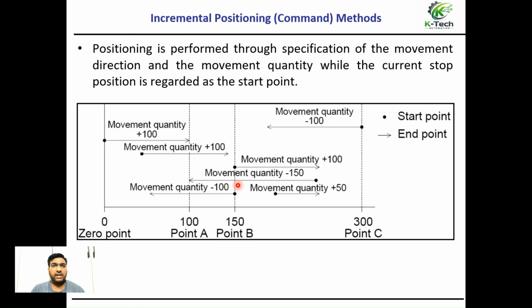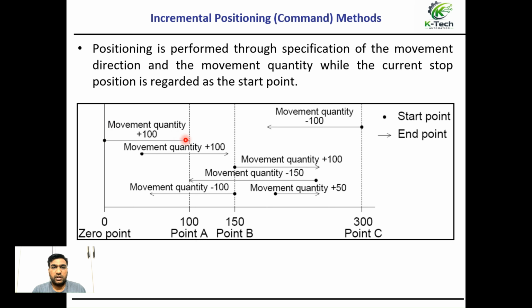Now the incremental position method. The incremental position method is different. With this 0 point, 100 point and 150, you can also perform the incremental position method in an absolute servo system. Whenever you are in the zero position and you give the command 100 mm, it will move 100 mm.